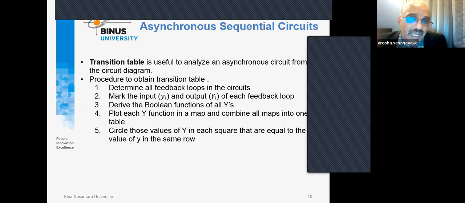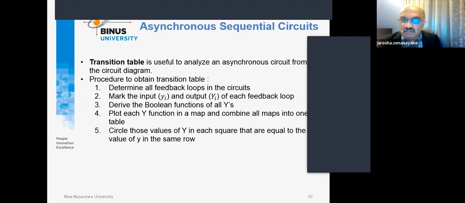So as you can see, when it comes to asynchronous sequential circuit design, one of the important considerations is transition states, capital Y and simple Y. Those matter much in asynchronous sequential circuit design. One of the important tables you should know is the transition table.